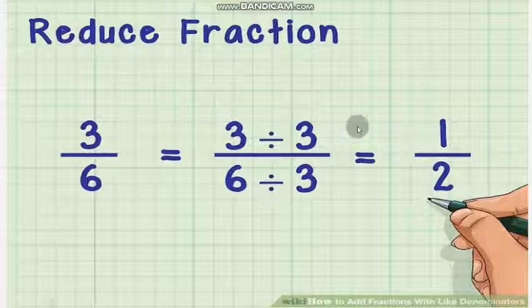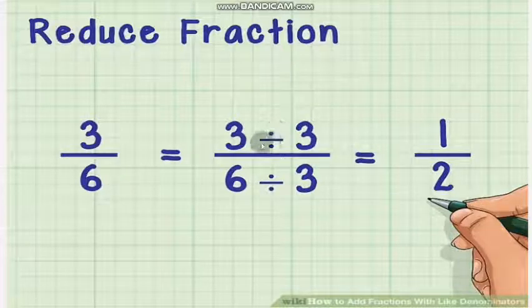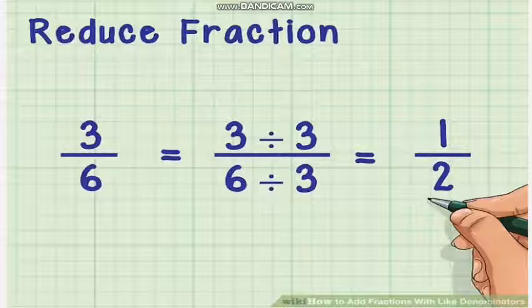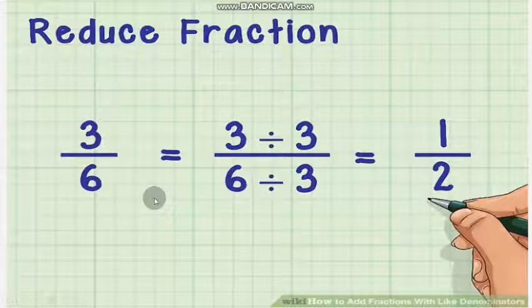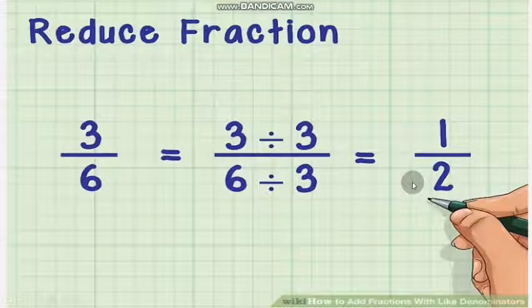For instance, in the fraction 3/6, both the numerator and the denominator have a common factor of 3, meaning they can both be divided by 3 to produce a whole number. Therefore, the fraction 3/6 can be thought of as 3 divided by 3 all over 6 divided by 3, which is 1/2.